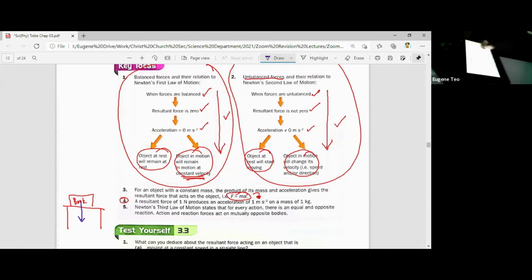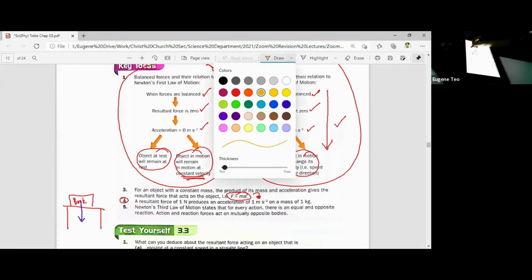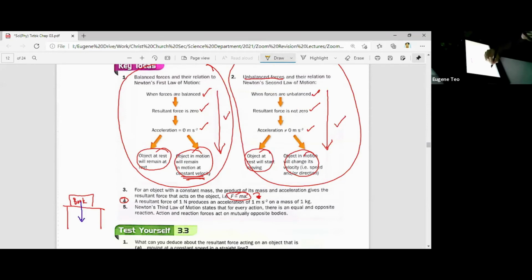By applying Newton's third law, you realize that the table will exert an equal and opposite force on the book. Right? This is actually applying Newton's third law. And this orange arrow that I'm drawing here is actually a normal reaction force. You realize this is the surface. You see this perpendicular to the surface. This was what we have gone through at the very start at unit 3.1.